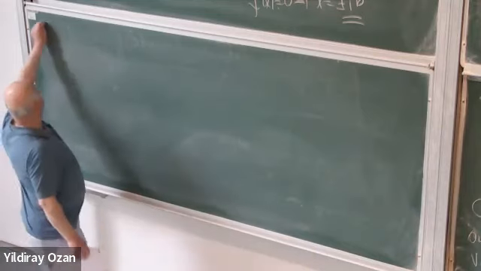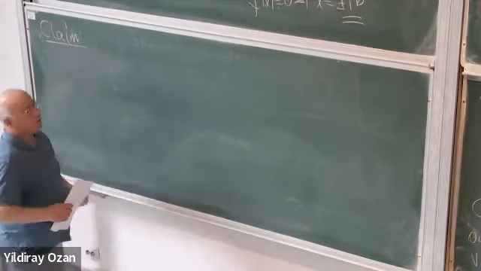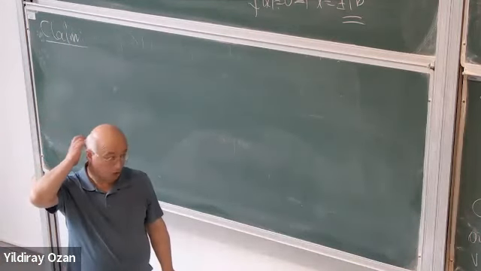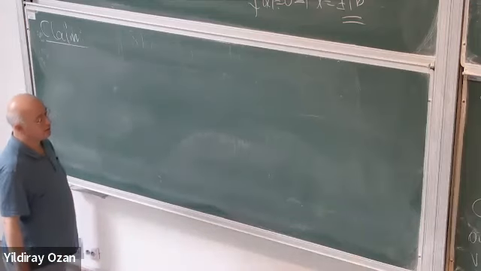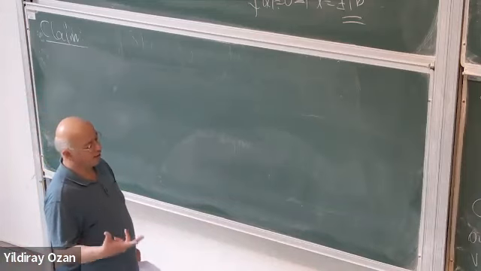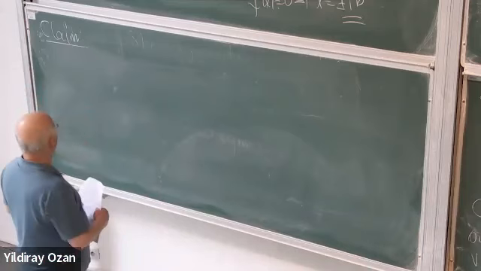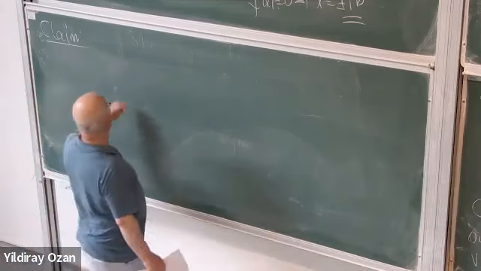Second claim is that if we have two eigenvalues of this skew symmetric matrix, and if they are distinct, then the corresponding eigenvectors have to be orthogonal.